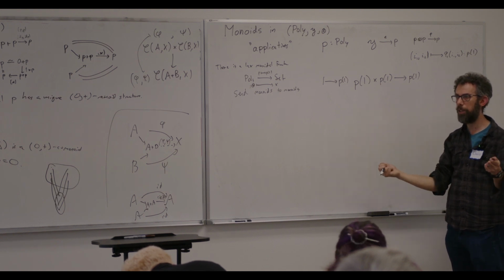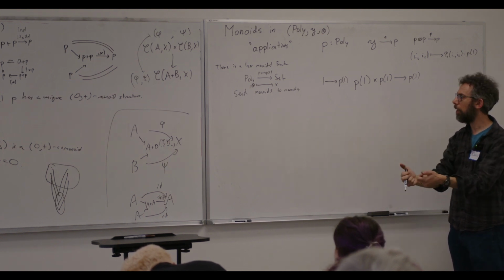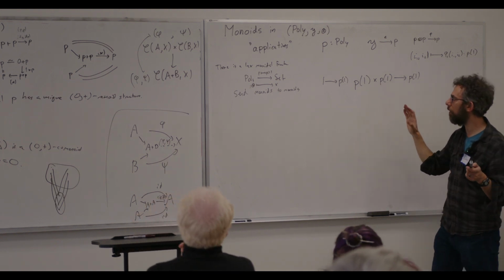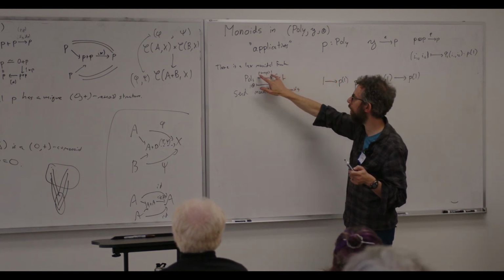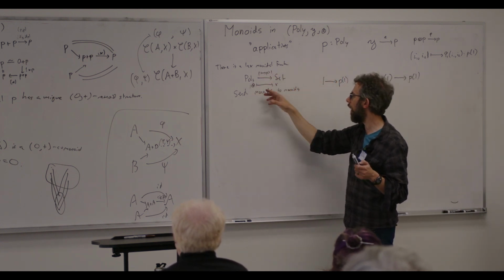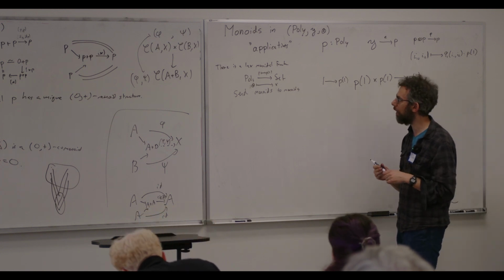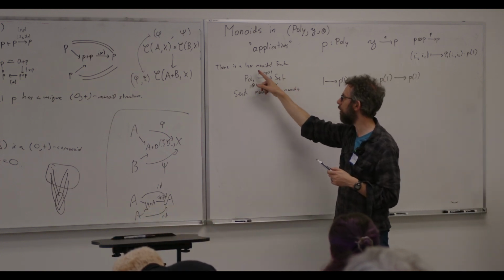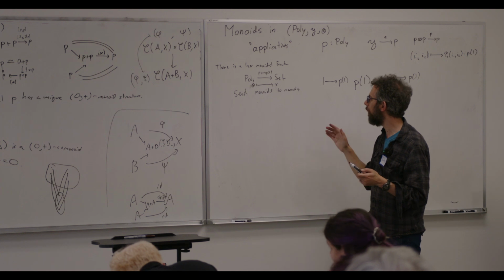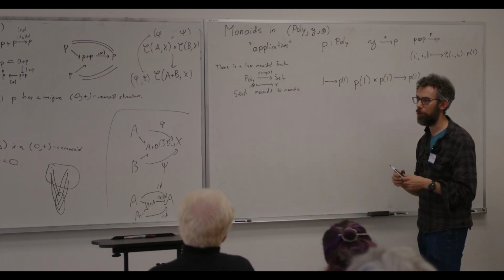We'll be able to take two positions and aggregate them. And the highbrow reason is that plugging in 1 into a polynomial is a lax monoidal functor. So if you feel highbrow today or later, you could go look at that and see that lax monoidal functors send monoids to monoids. So we know that P of 1 is going to be a monoid. We don't have to check anything.